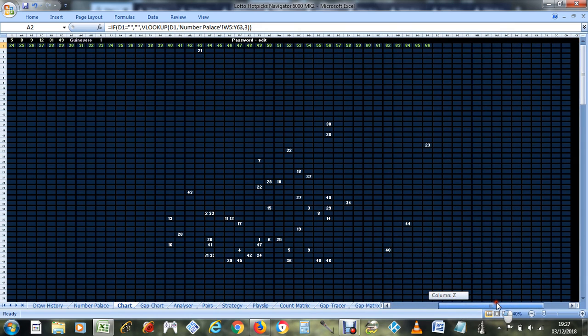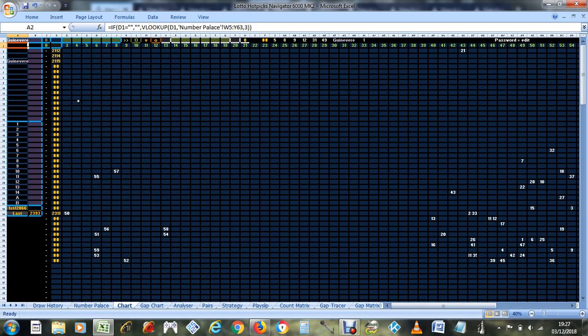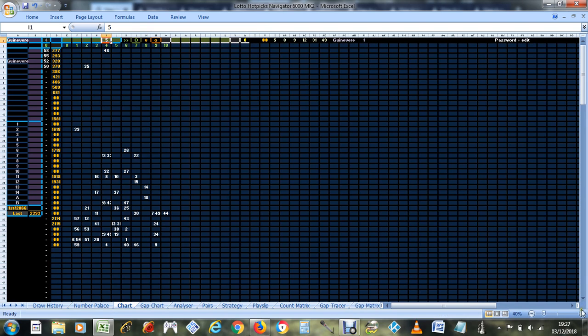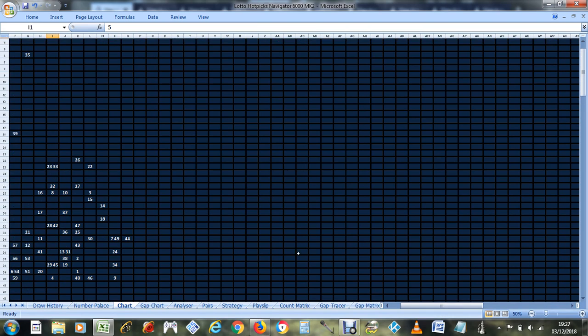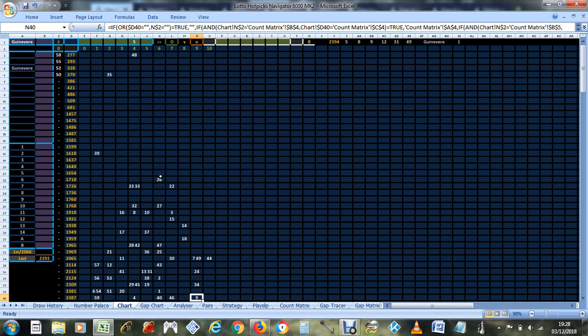So the chart for Guinevere looks like this. So let's narrow it down to Guinevere and numbers paired with the winning numbers starting with 5. So on this one you can see 9, second most frequent.